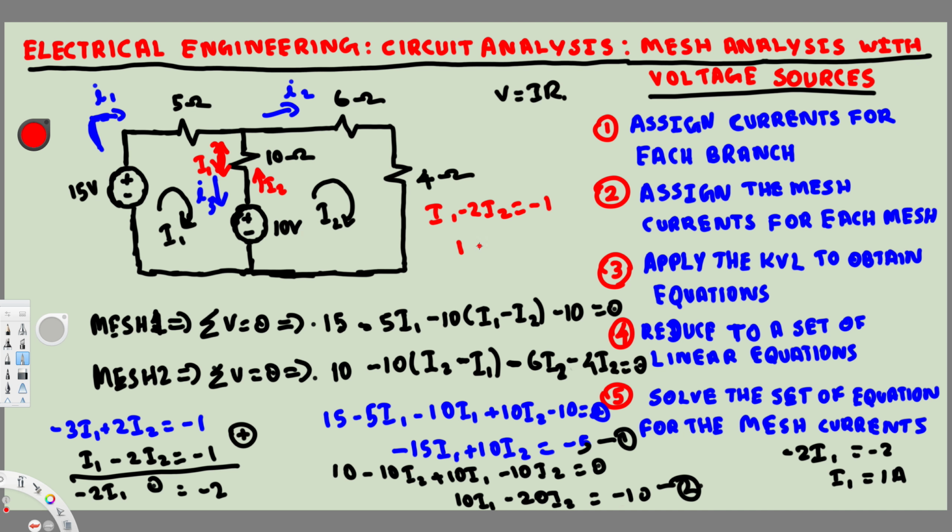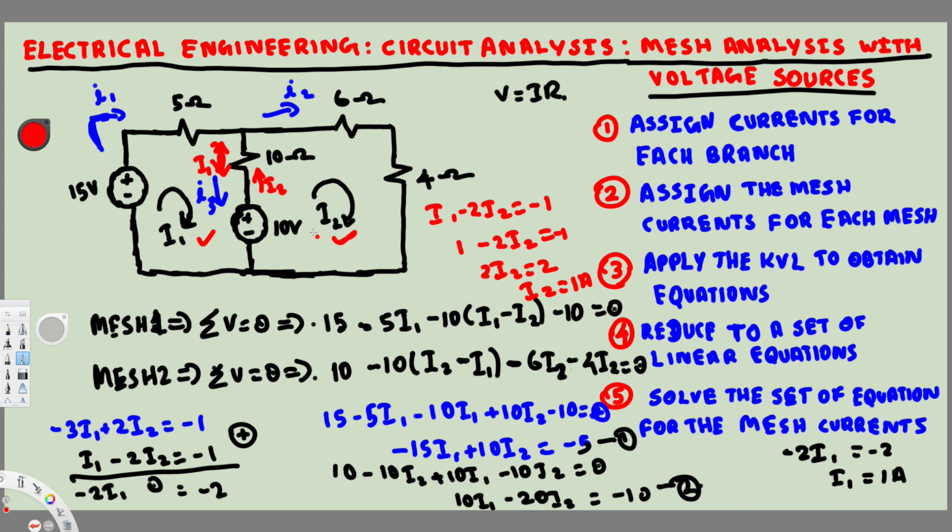So if I plug in 1, this is going to be 1 minus 2i2 equal to minus 1, therefore this is minus 2i2 equal to minus 2, right? So 2i2 is going to be equal to 2, therefore i2 is also going to be equal to 1 ampere. So i1 is 1 ampere, i2 is also 1 ampere. So we have found these two mesh currents, both of them are 1 ampere.